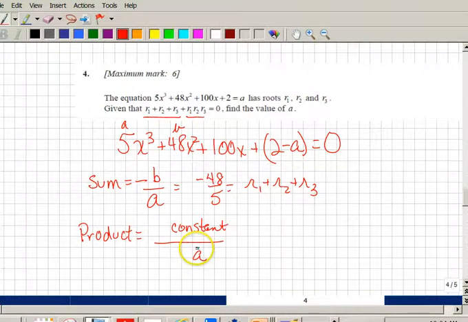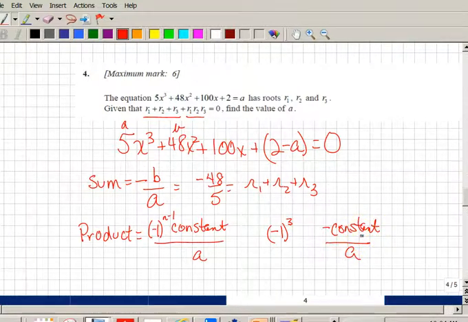If the number of terms is even, then it's a negative constant over a. So what I do, I remember it this way. It's negative 1 to the n minus 1, where n represents the number of terms. So in this case, we have 1, 2, 3, 4 terms. So it's negative 1 to the 4 minus 1, or 3. That means it's going to be the negative constant over a. Okay, a being the coefficient of the x cubed term.